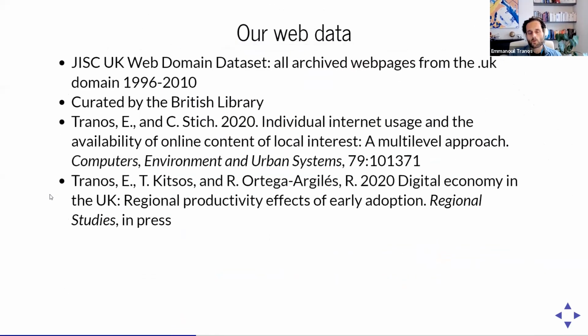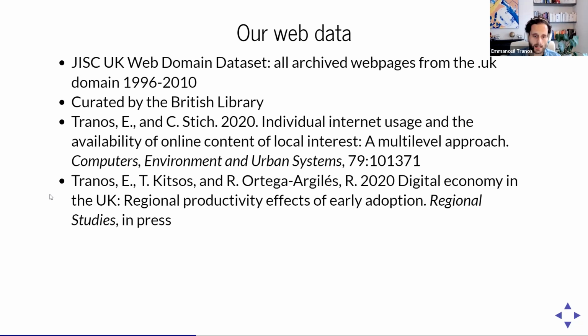Great. We're very, very lucky that we're also able to access these data programmatically. We have been working with the British Library, and the British Library has done something very clever. They created this data set, which they call the JISC UK web domain dataset, which includes all the archived .uk web pages included in the Internet Archive between 1996 and 2010.